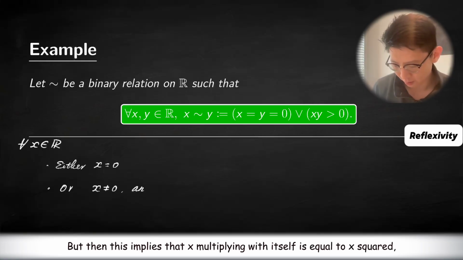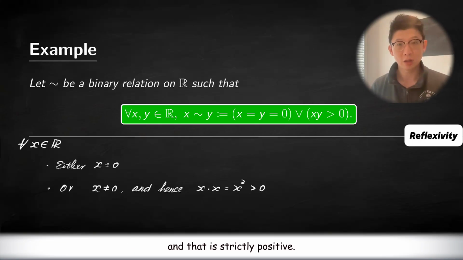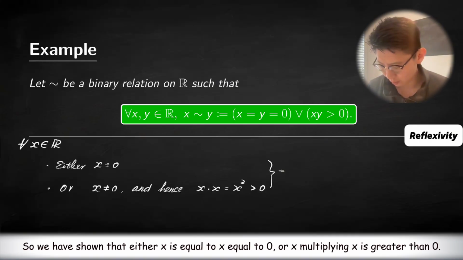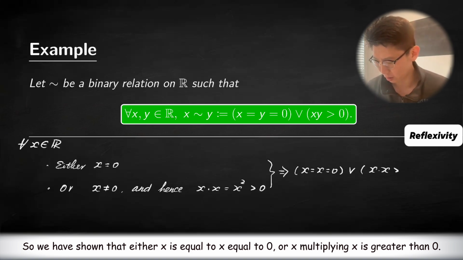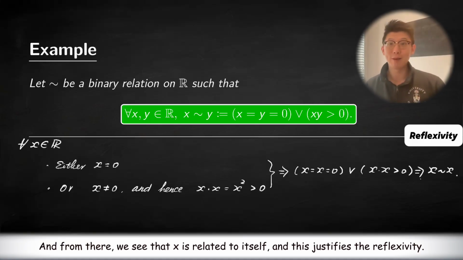But then this implies that x multiplying with itself is equal to x squared, and that is strictly positive. So we have shown that either x is equal to 0, or x multiplying x is greater than 0. From there, we see that x is related to itself, and this justifies the reflexivity.